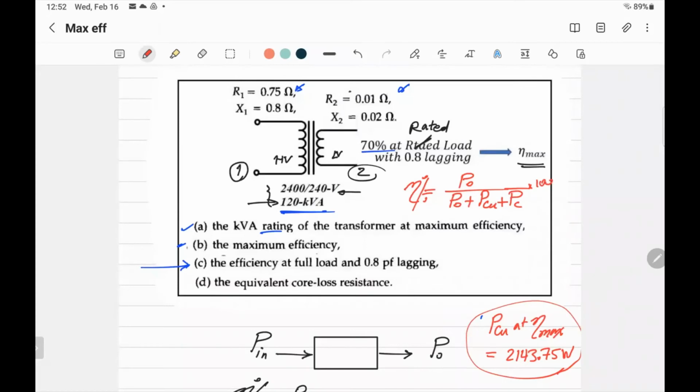I give you the formula here, so you don't have to flip through. Look at it. I give you the copper loss at maximum efficiency, and you have the rest on the graph.